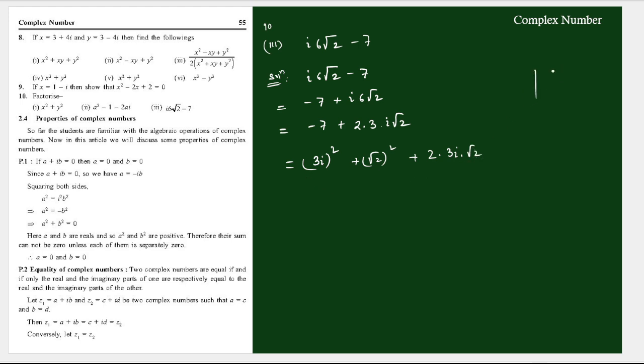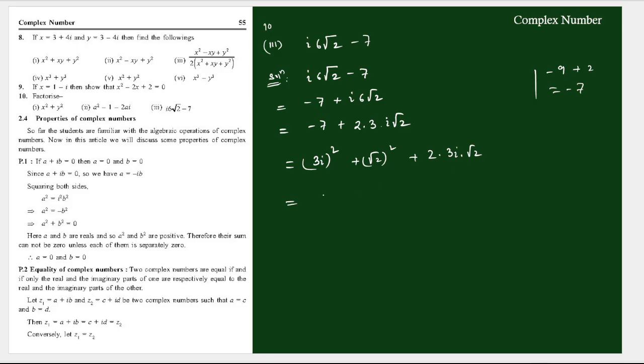So 3i square is your -9, root 2 square is 2. Yes. So it is your -7. Okay, so मिल गया हमको a b 2ab, right?